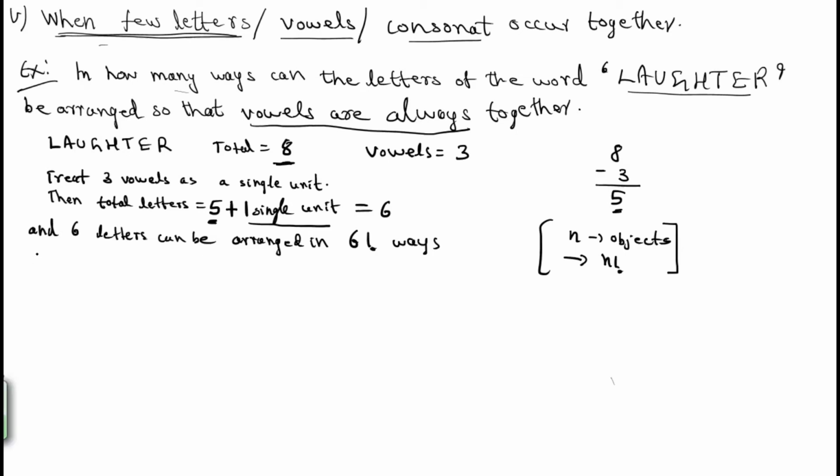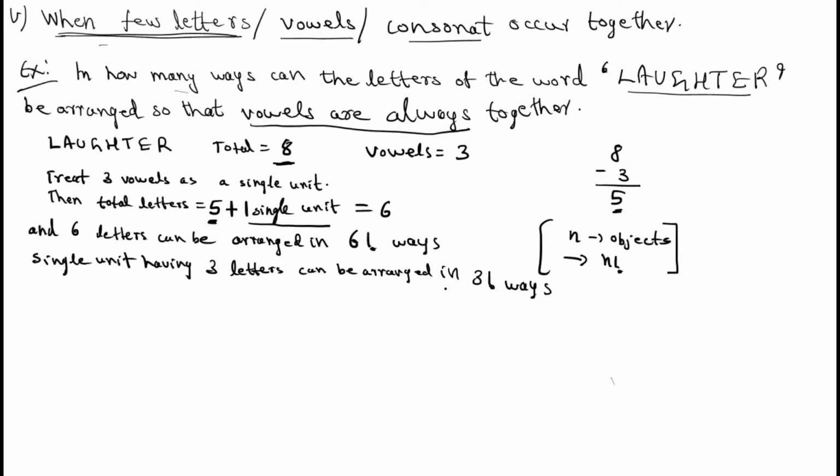Next, the single unit having 3 letters can be arranged in how many ways? 3 factorial ways. Yes or no? If n objects are given, you can arrange them in n factorial ways. Similarly, 3 letters are there in that single unit, so you can arrange them in 3 factorial ways.